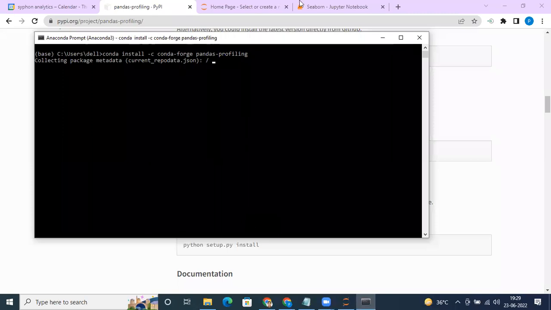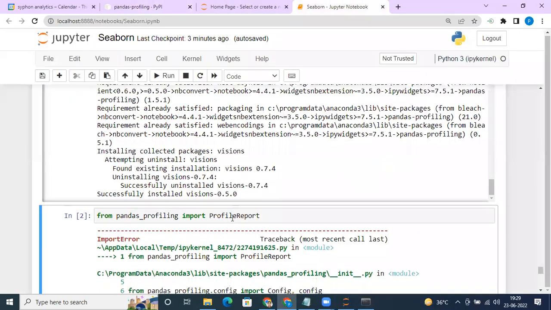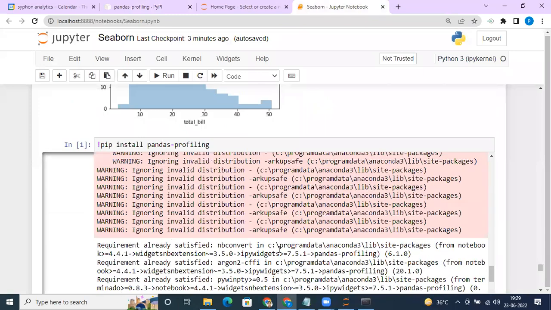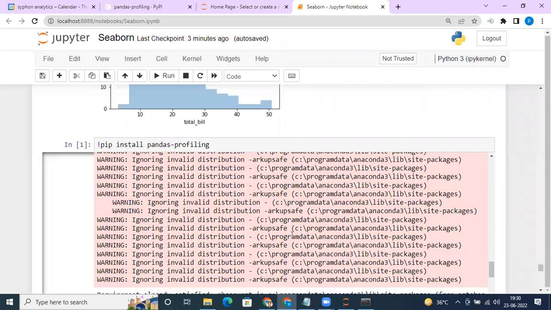Let me see the warnings. Meanwhile, it is collecting the packages. Actually, warnings can be ignored. There is no problem with the warnings. Invalid distribution, invalid distribution. It is ignoring all of these.